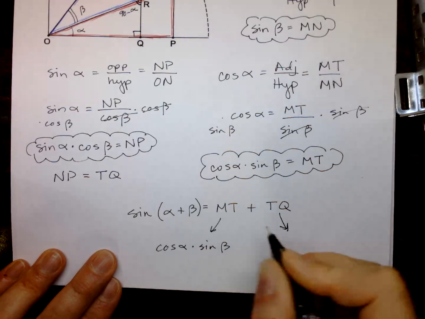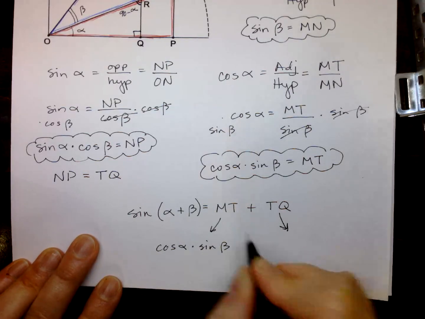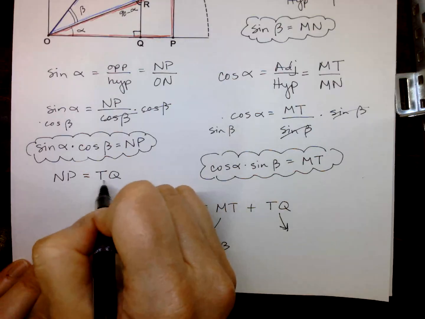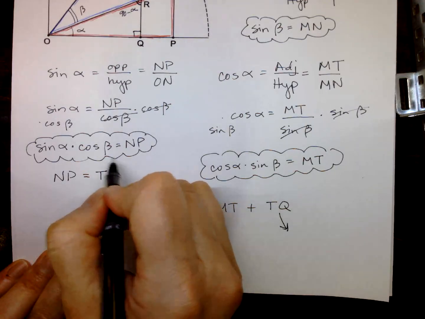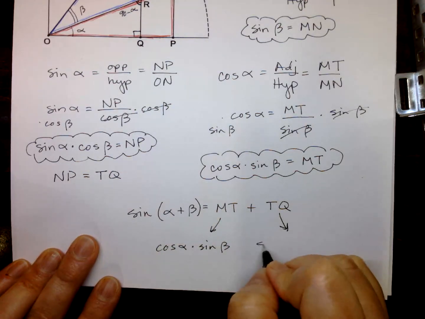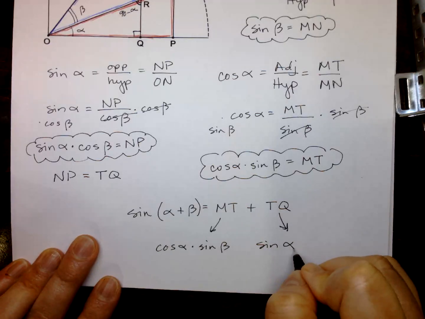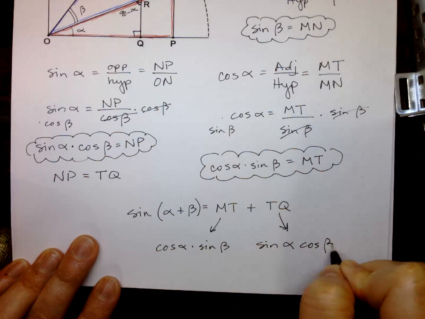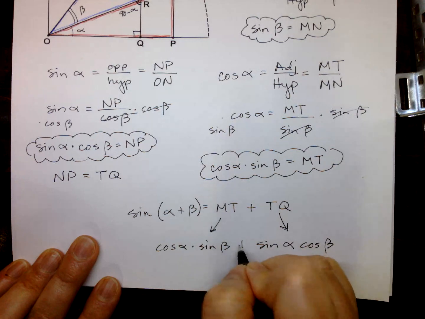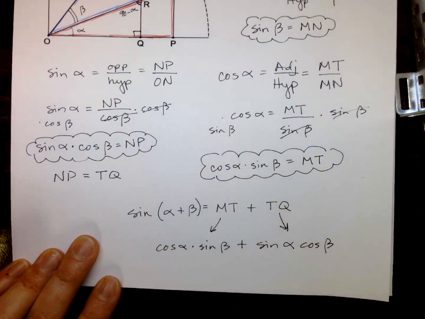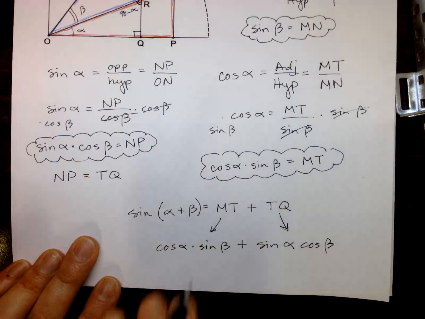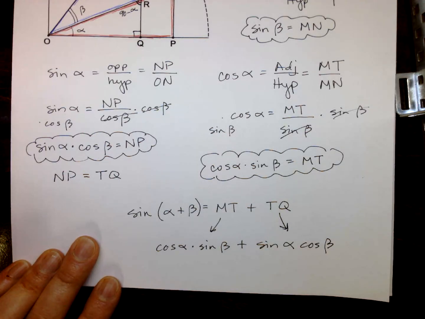And TQ, remember that TQ is over here, TQ and NP are both equal to sine alpha cosine beta, and they have a plus between them. Okay, so NP and TQ were both equal to this statement. MT was equal to this statement. And that, my friends, is the formula that we have up above.